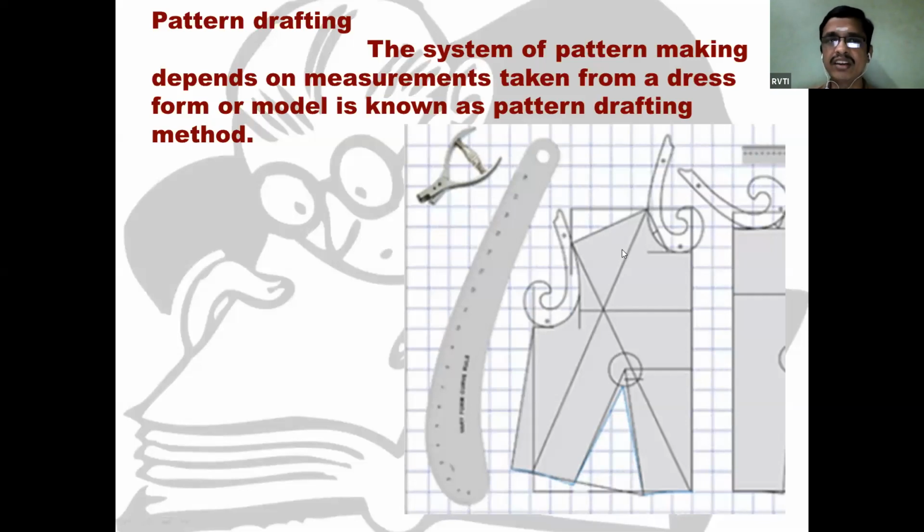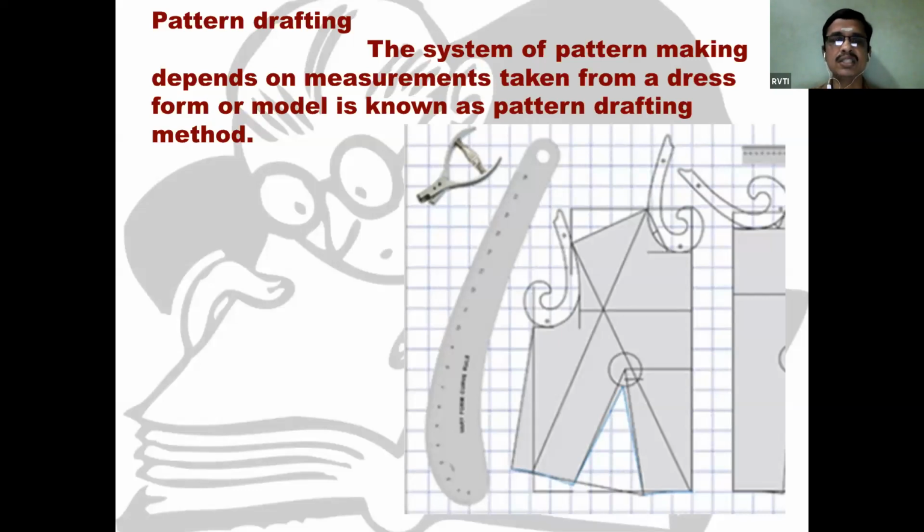For drafting, definitely we should have measurements. We have to know how to calculate, how to implement, how to apply the measurements while drafting. That's a very important step. Okay, this is known as the drafting method.